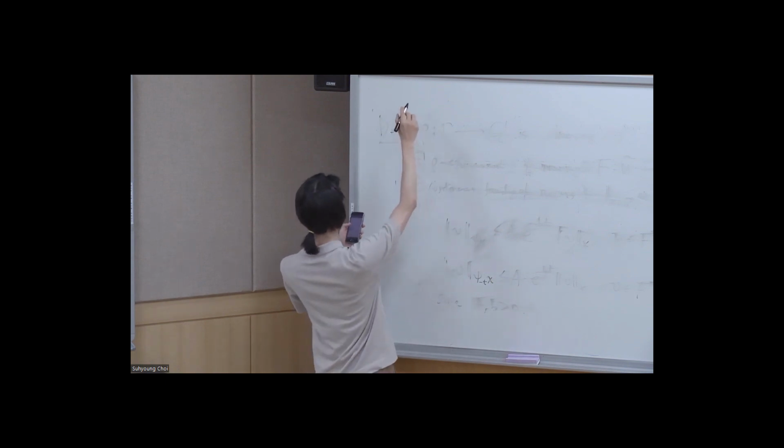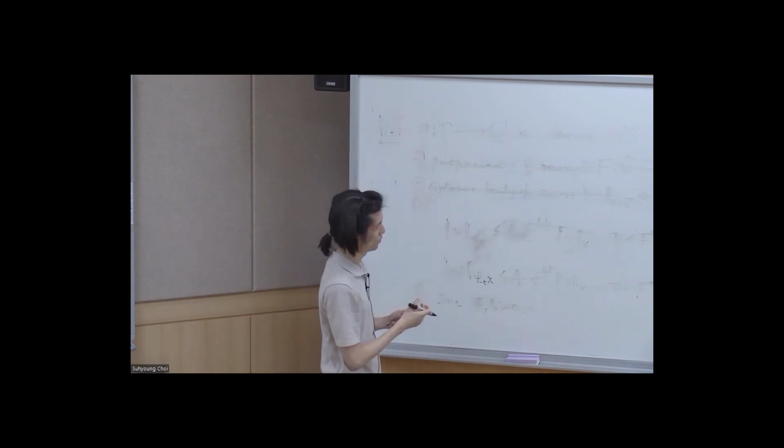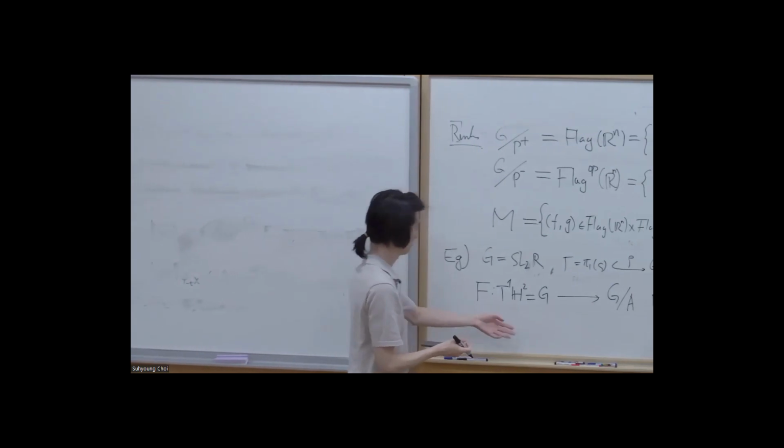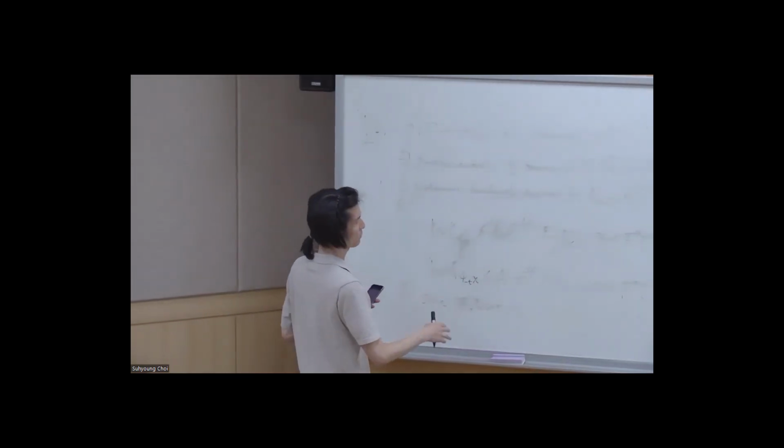To do this, I need to give you a continuous family of norms in the pullback bundle.